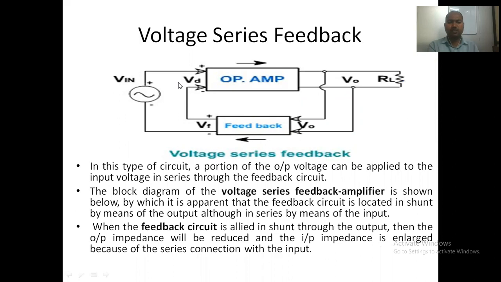Whatever the input impedance, that should be increased. When we use the voltage series type of the feedback, output impedance should be reduced and input impedance should be increased. This happens only due to the voltage series type of the feedback.